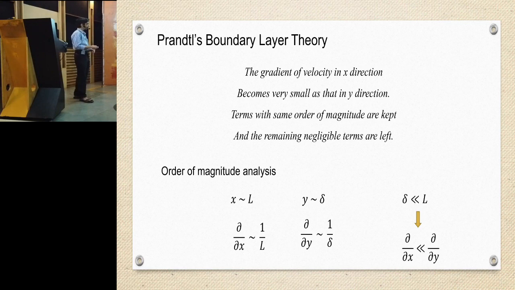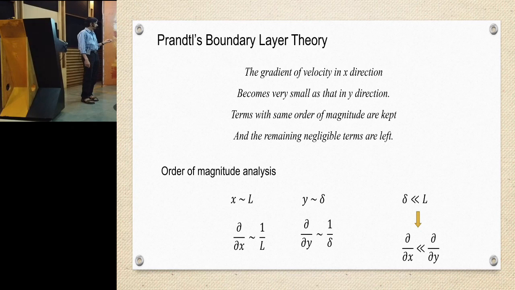We'll see why. Terms with the same order of magnitude are kept, and the remaining negligible terms are left out. So we are doing an order of magnitude analysis. But what is an order of magnitude analysis? We are going to say that x is of the same order of magnitude as L.